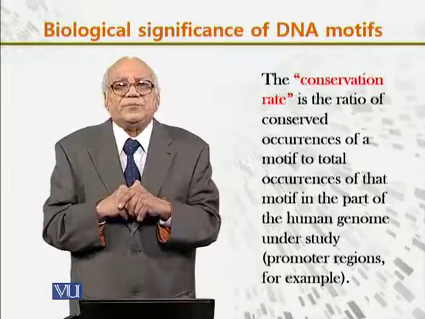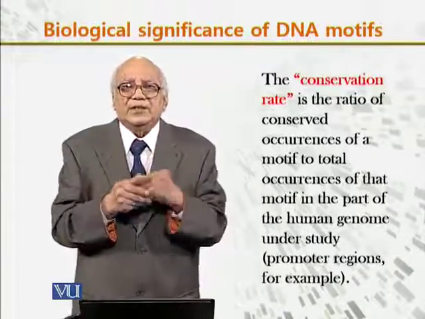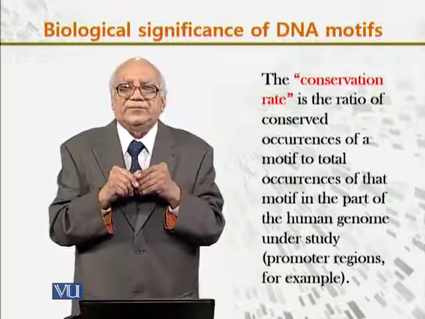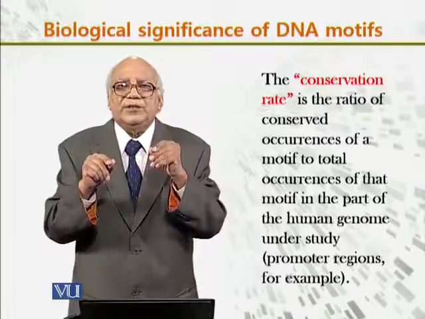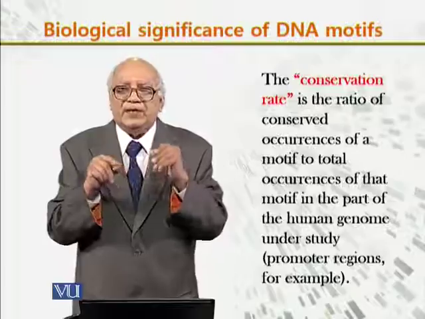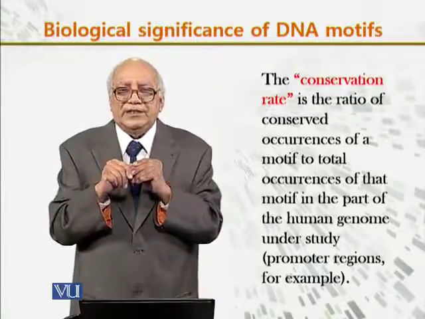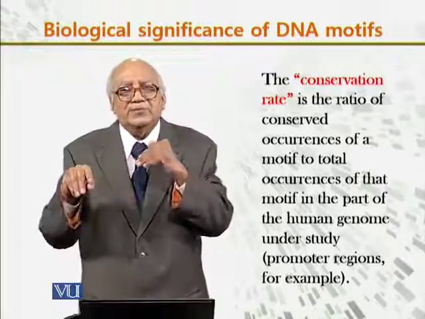Now, another definition: the conservation rate is the ratio of conserved occurrences of a motif to the total occurrences of that motif in the part of the human genome under study, for example the promoter region, because they will be near the promoter region.